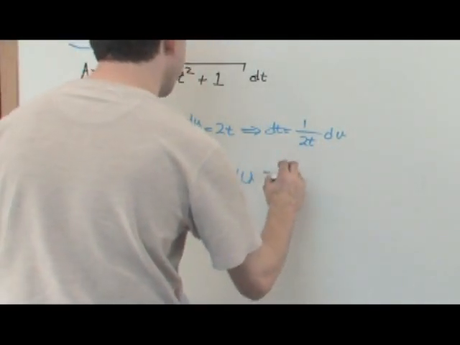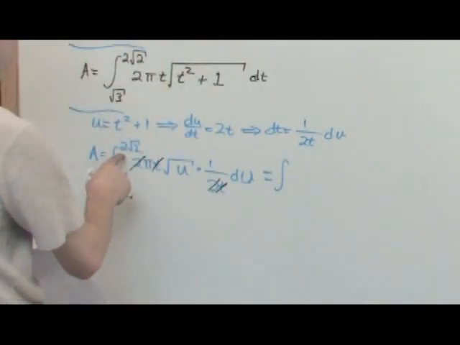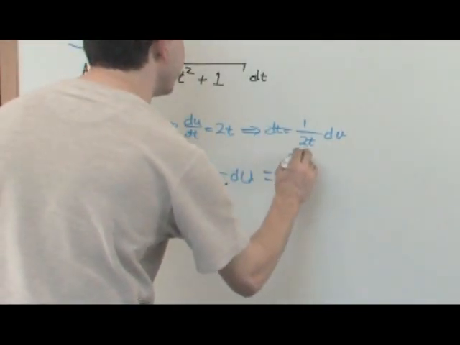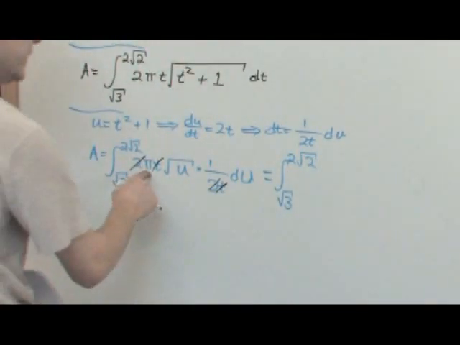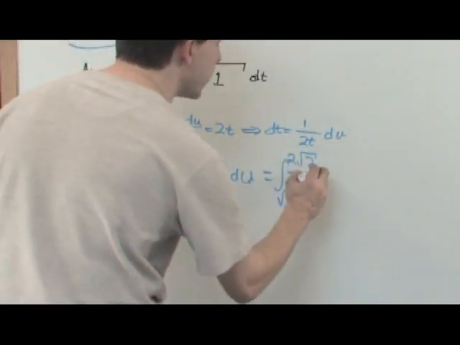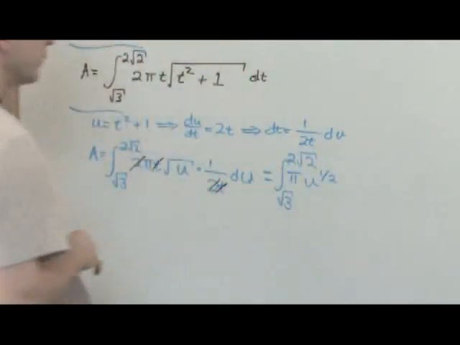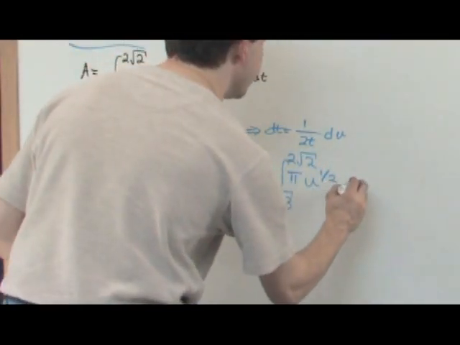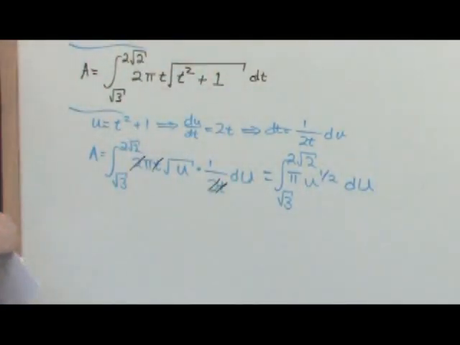It simplifies to the integral from square root of 3 to 2 times the square root of 2 of pi times u to the 1/2 du. I'm going to write it in terms of u to the 1/2 because I always like to do that with my integrals. That's a simple integral to evaluate.